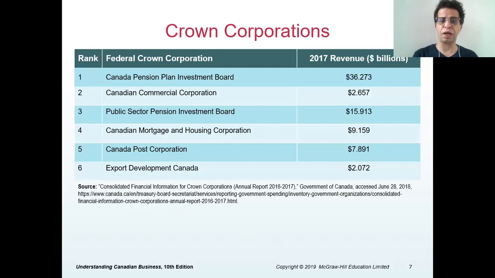You probably want to look at these samples of crown corporations: Canada Pension Plan, Canadian Commercial Corporation, Public Sector Pension Investment Board, Canada Mortgage and Housing Corporation, Canada Post, and Export Development Canada, which is crucial to the export of Canadian goods and services.